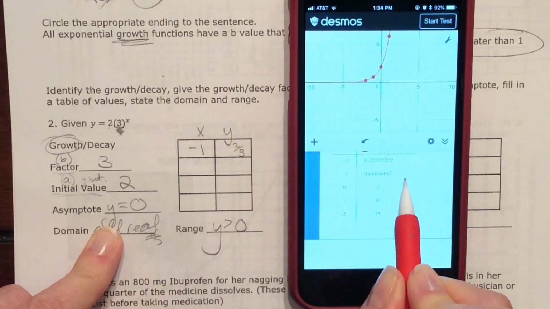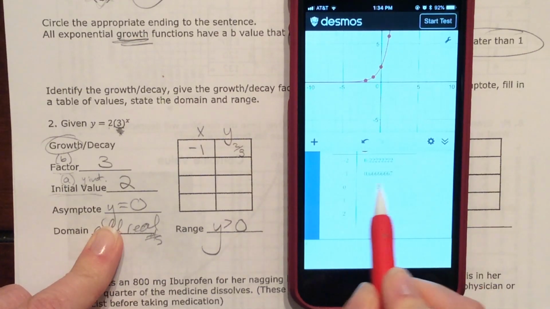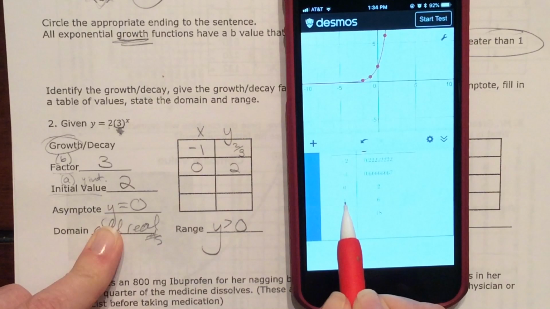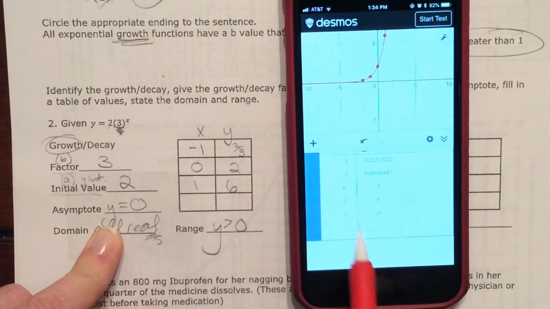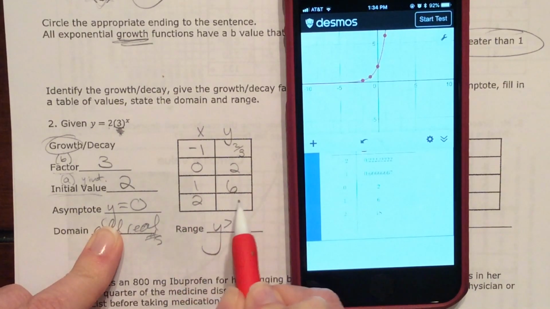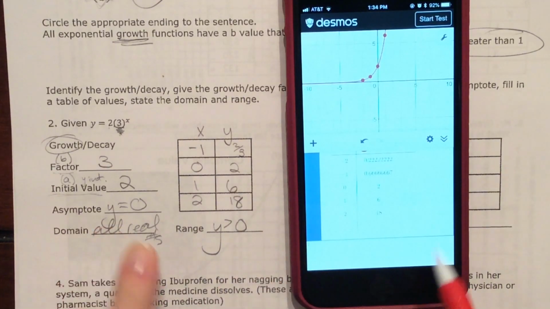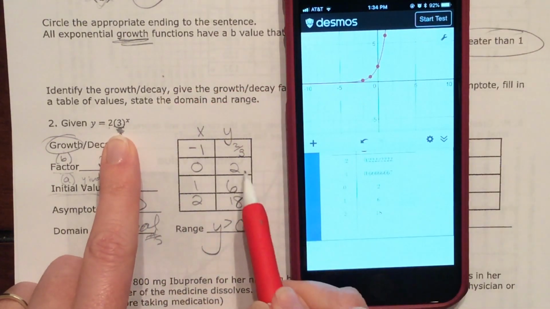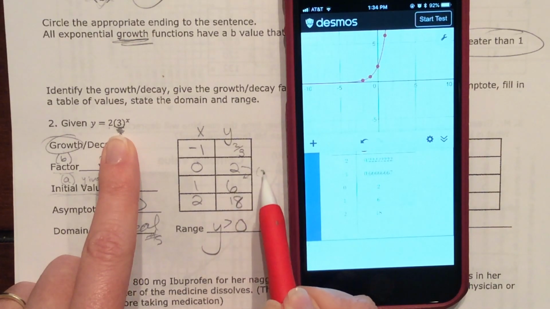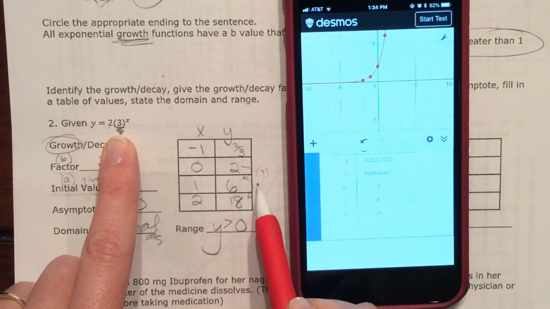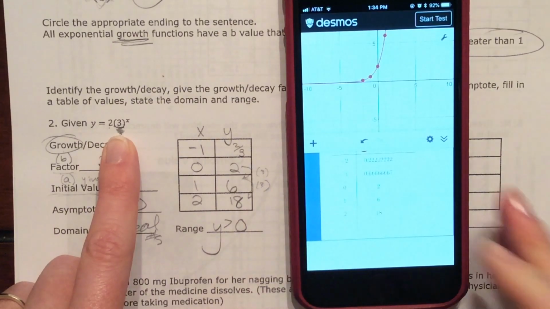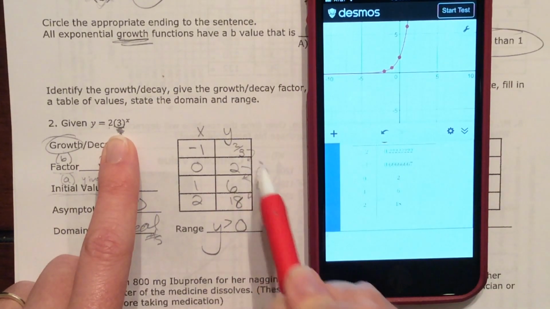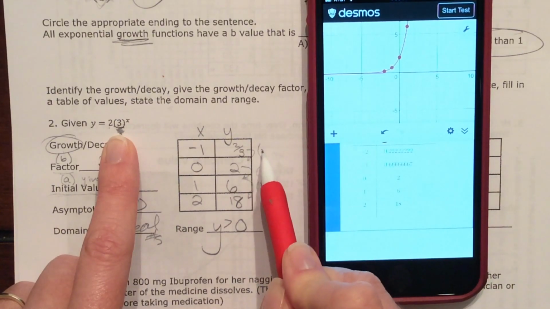That's what 0.6 repeating is as a fraction, or you could just write that one down. 0, 2, 1, 6, 2, 18. And we can see here that we are multiplying by 3 every time. Times 3, times 3, and so on. And that would also be here, times 3.